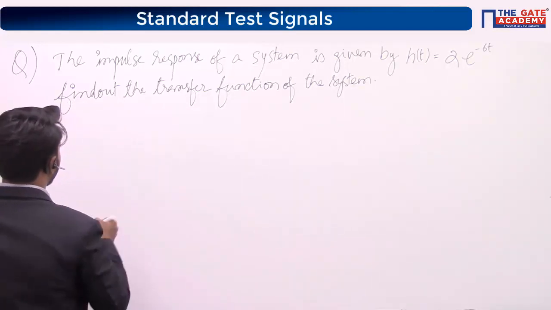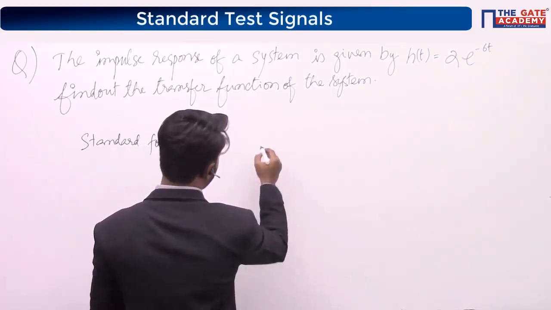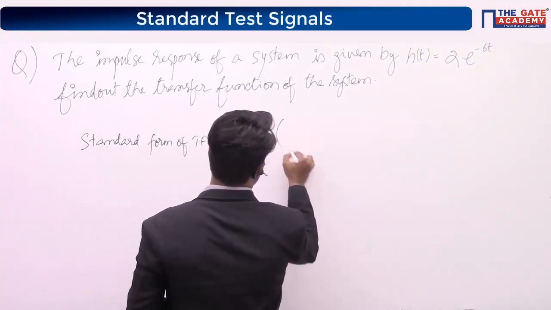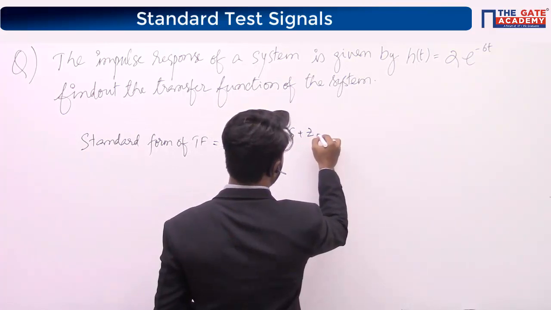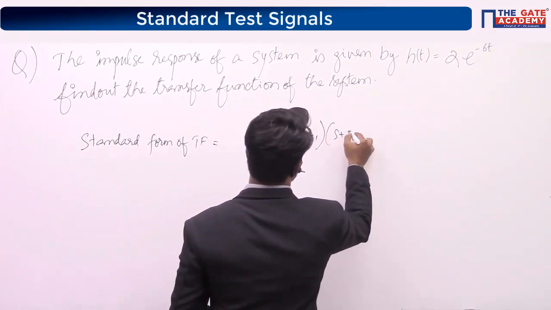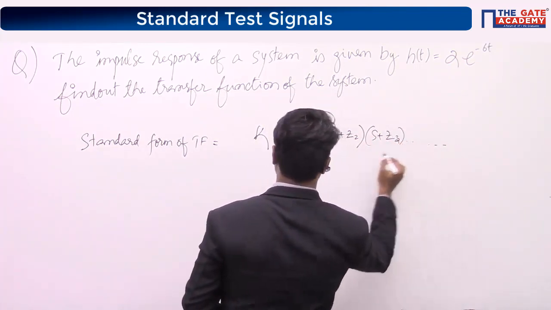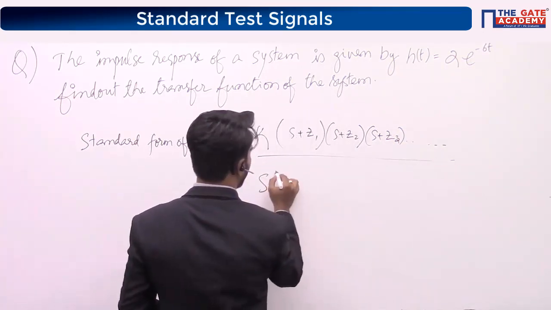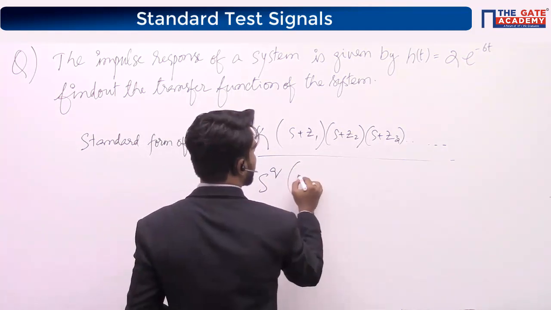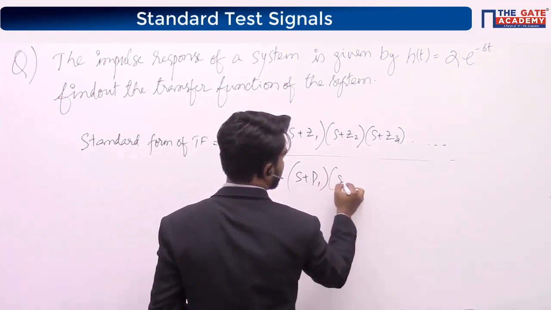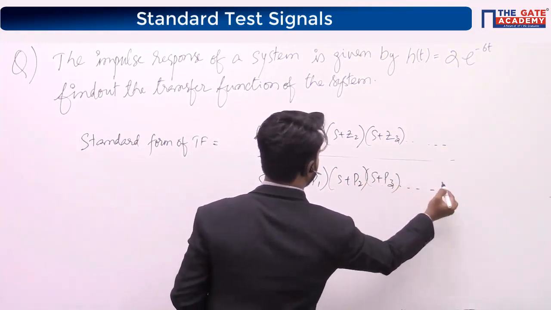Yes, standard form of transfer function. Standard form of a transfer function is equal to what? If it is pole zero form, it is K times (s + z1)(s + z2)(s + z3) and so on, divided by s to the power r or q, whatever you can take, times (s + p1)(s + p2)(s + p3) and so on.